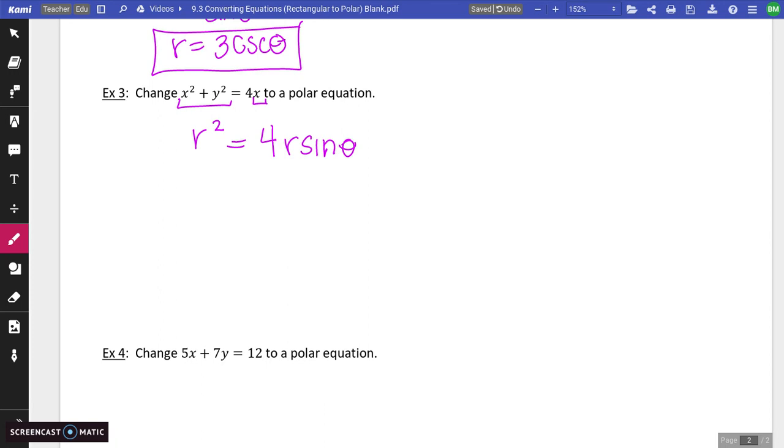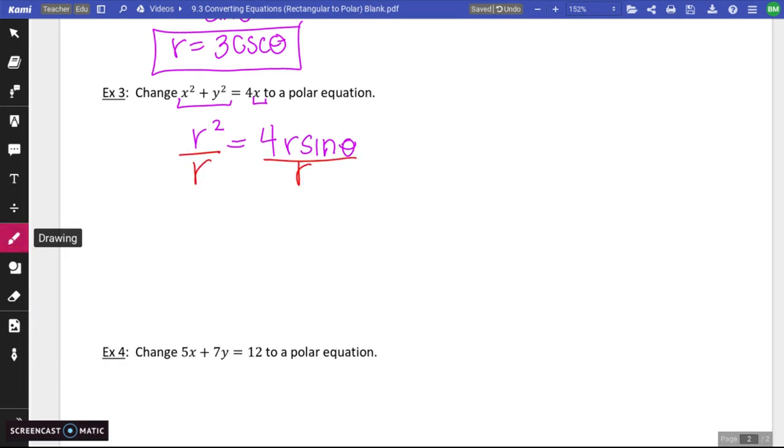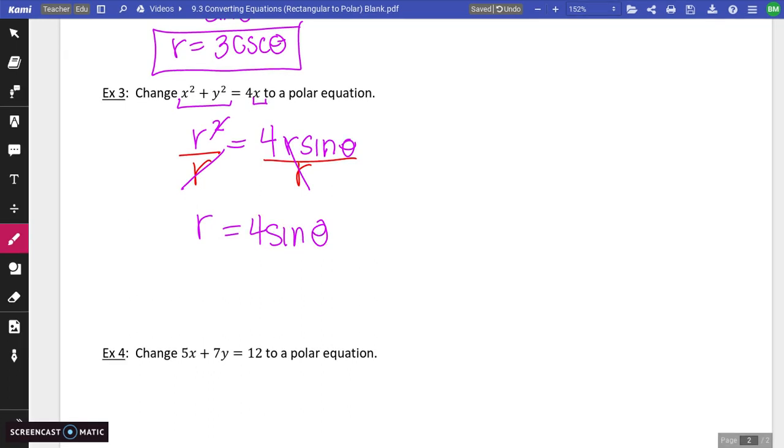I notice I have at least one r on both sides, so I can divide by r on both sides. These cancel out. One of these cancels with the denominator, leaving me with r equals 4 sine of theta. There's no fraction here, so I don't have to do any reciprocal work, so I am done.